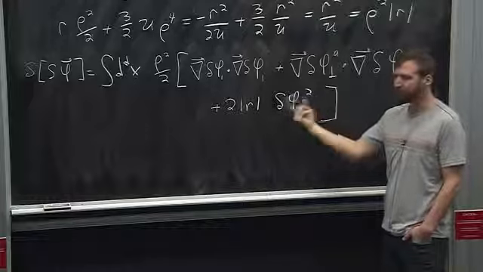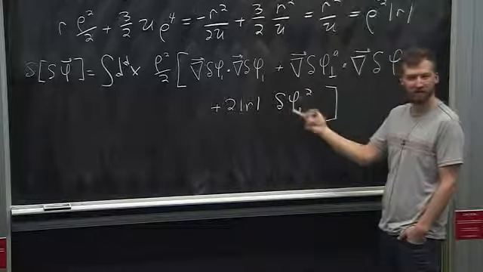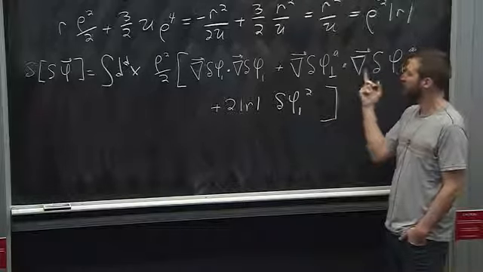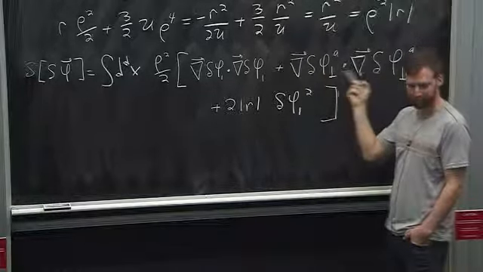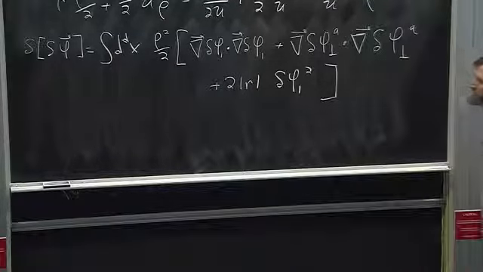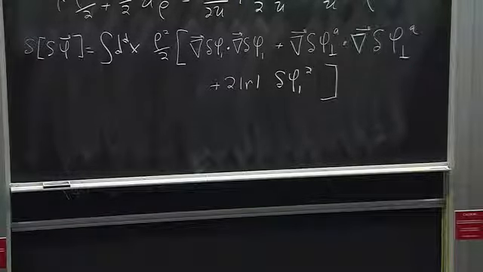The magnitude of this fluctuation matters in terms of your action or your free energy. But here it's only the gradients that matter. So this is like the fluctuation term that would appear in the scalar theory in some sense.